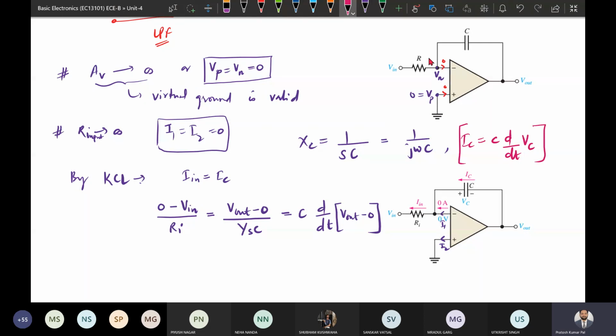Okay, so the current flowing through the capacitor will be the capacitance multiplied by the change in capacitor voltage with respect to time, dVc by dt. A similar expression is written here. So from there, if we separate it out, we get minus V in divided by R in is equal to C dV out by dt.